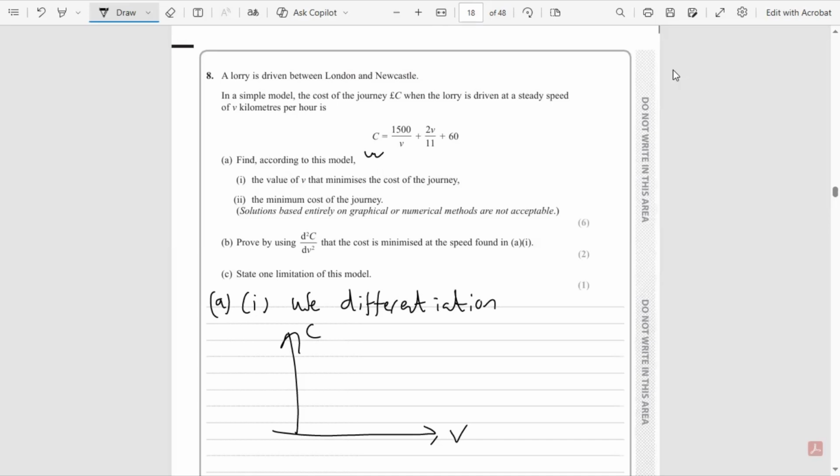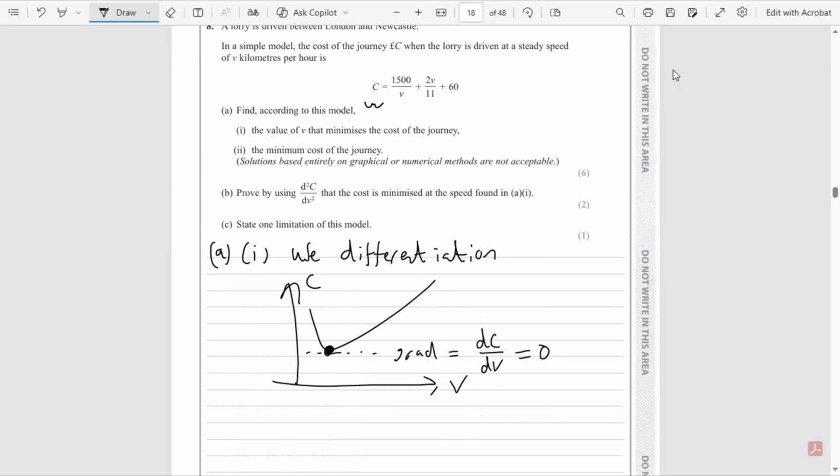Let's say the curve looks roughly like that, with a minimum cost down there. If we draw a tangent to the minimum point of that curve, the gradient there is obviously 0. So the gradient dC by dV is set to 0. In a question where we're minimizing a model, we use differentiation.